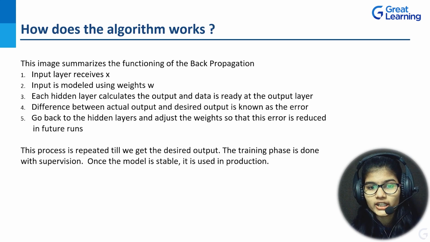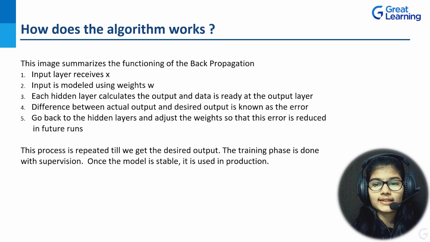The difference between your actual output and the desired output is known as the error. Then go back to the hidden layers and adjust the weights so that this error is reduced in future runs. This procedure is applied until we get the desired output.